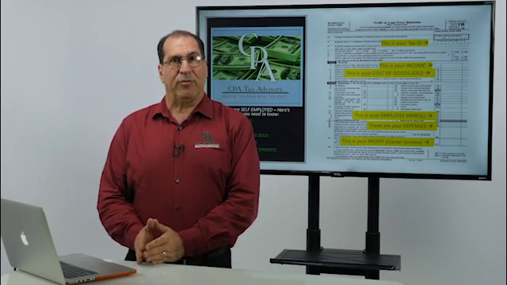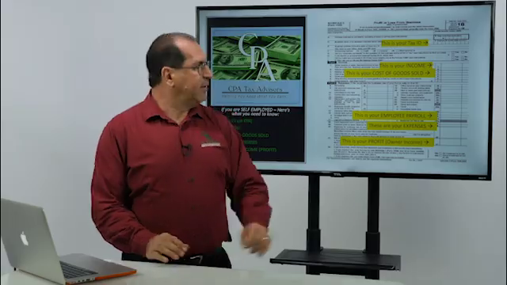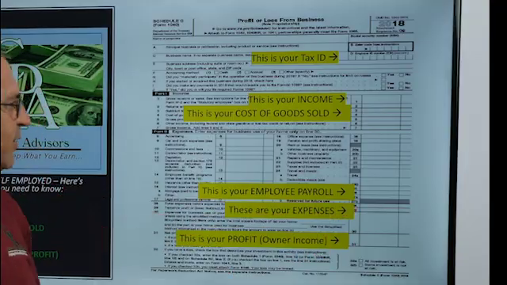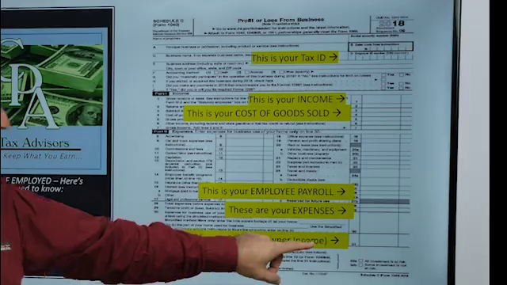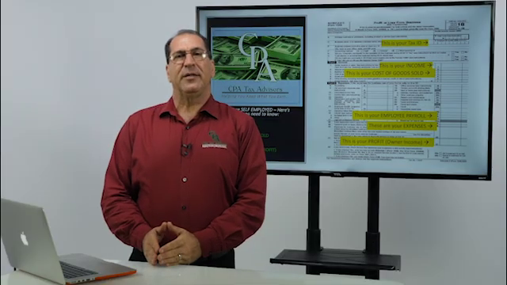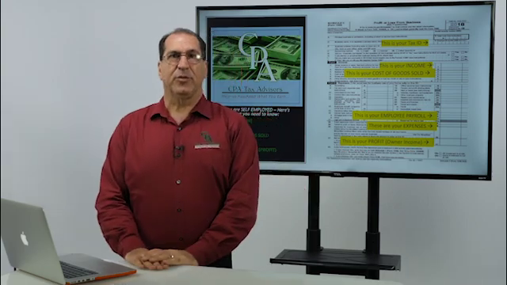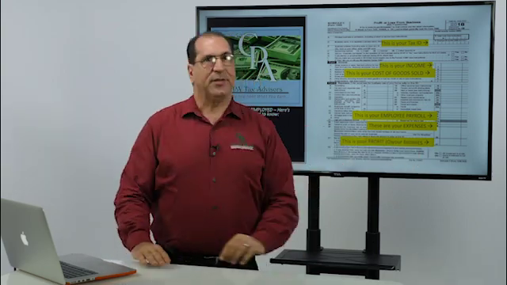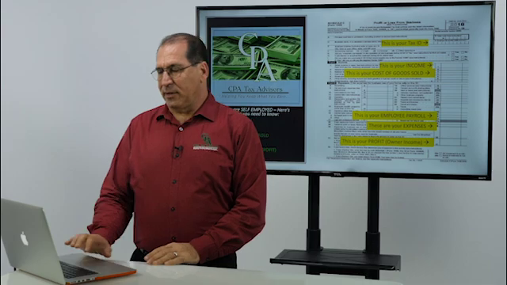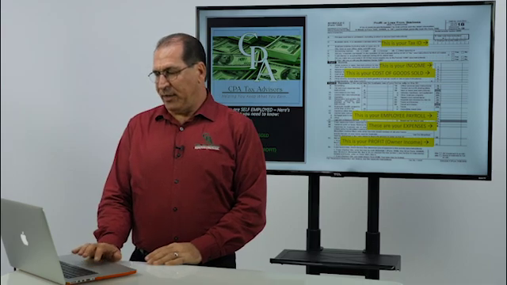This is only payroll for employees that you pay. Then you have your total expenses here on line 30, and your profit is line 31. With a self-employed individual, the profit is considered the wages. So that's the number that they'll want for your wages to the owner.